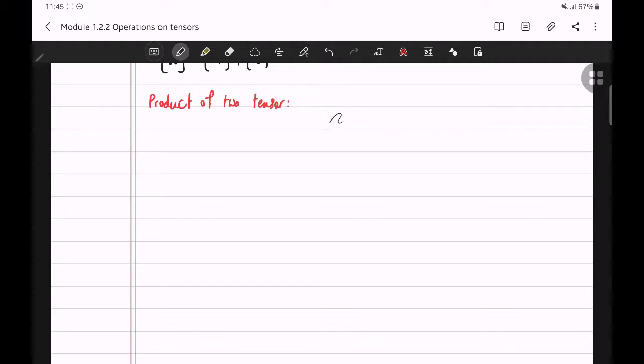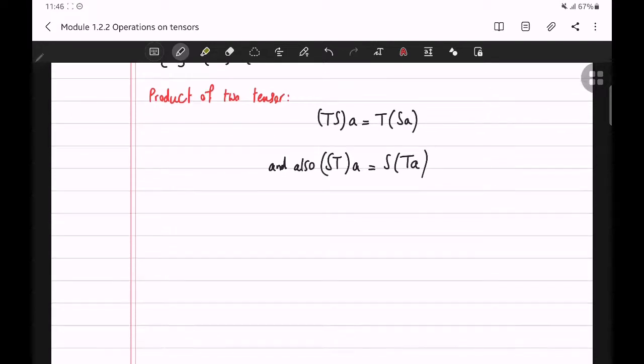So we define TS, which are two tensors, times a vector a, as T times (Sa). And also, we can write STa is equal to S times (Ta).